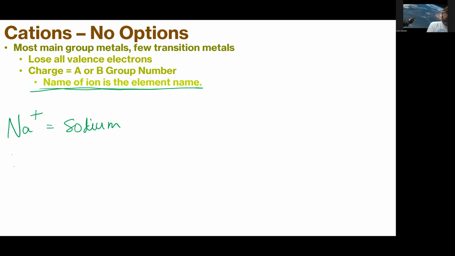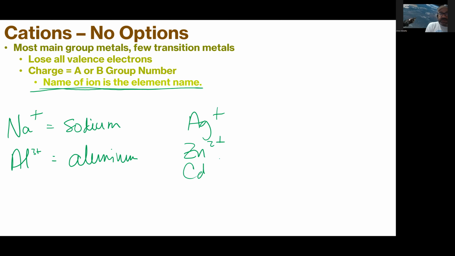Al3 plus, no options, that's aluminum. Remember the ones that are transition metals that don't change, things like Ag plus, Zn2 plus, Cd2 plus. We don't see scandium and yttrium very often, but they are invariable charges. So this would be a silver ion.